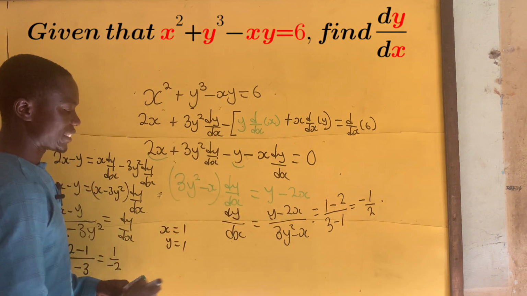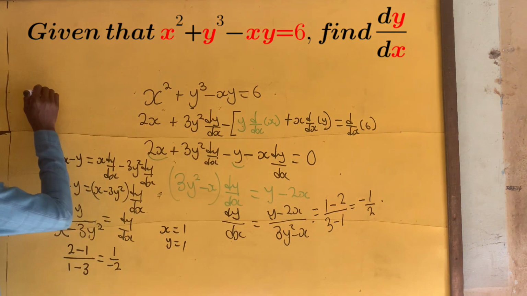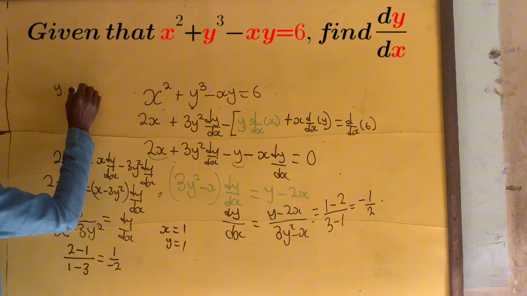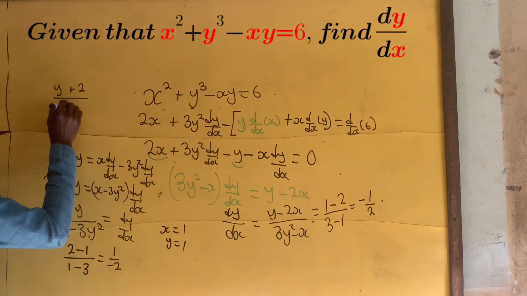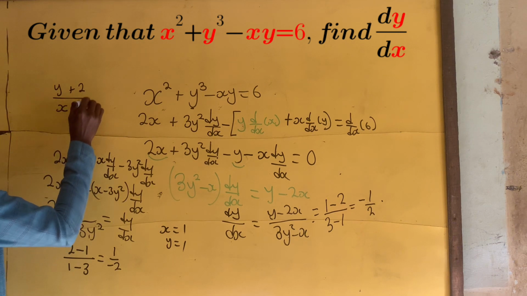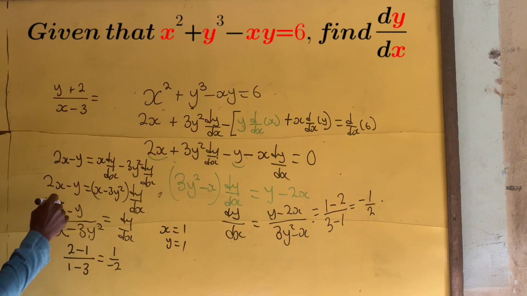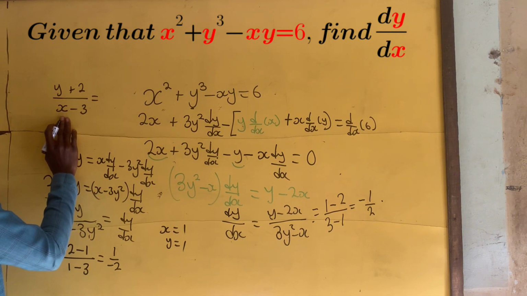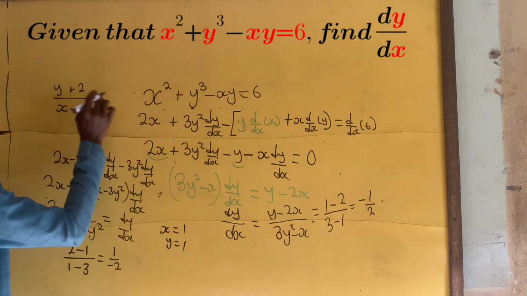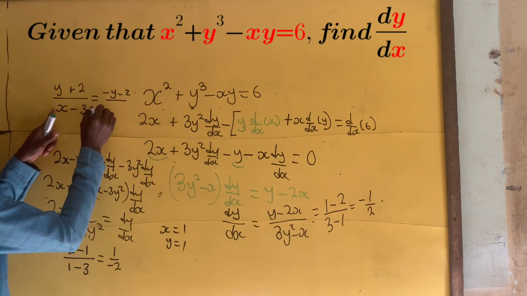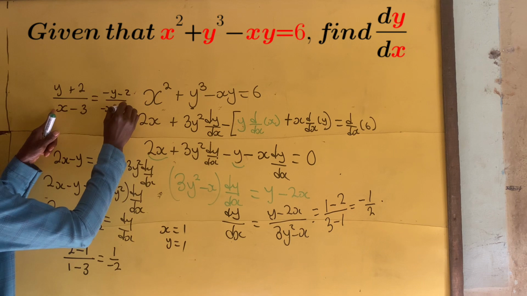So assuming we get this answer, let's say we have this answer, y plus 2 divided by x minus 3. Then how do we interchange this to get the same answer here? It means that everything here will be negative. So negative y, negative 2 divided by negative x, positive 3.